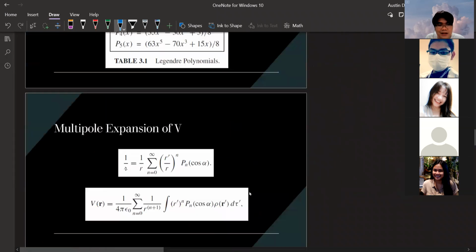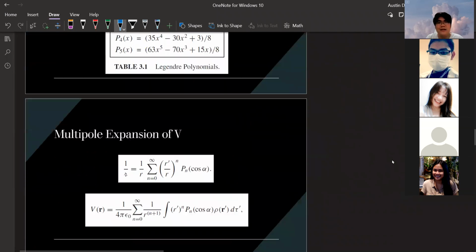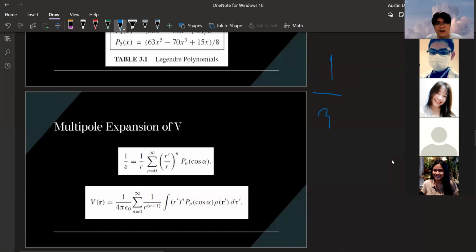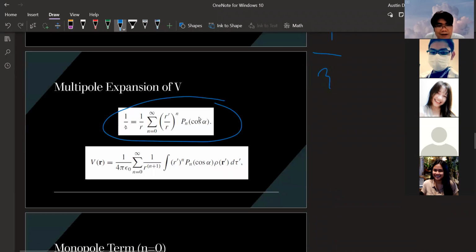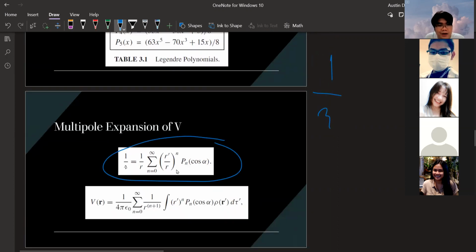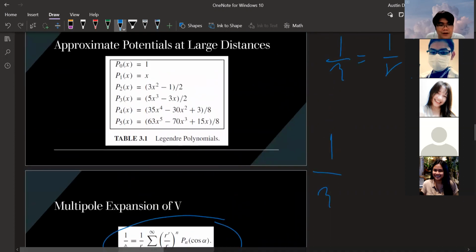Okay, so I can now write that easily as 1 over r, sum of Pn of cosine alpha, then you have r prime over r raised to n, kasi sum mo siya from n equals 0 to infinity.